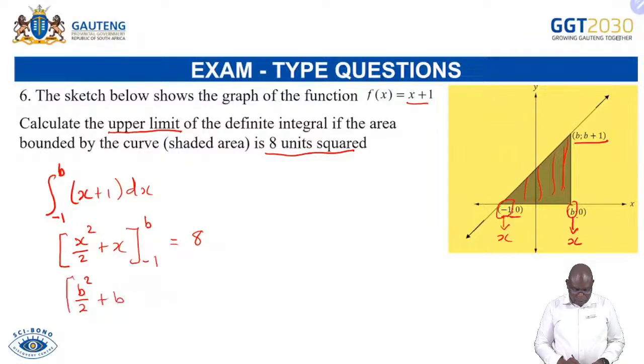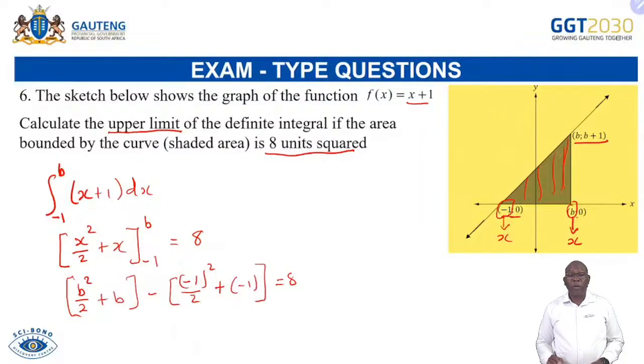Then from there, remember, this is minus. On the other side, I'm going to substitute -1: (-1) squared over 2 plus -1. That equals 8. So I'm going to have b squared over 2 plus b, then here 1 over 2 minus 1.